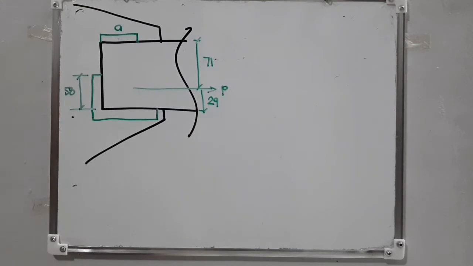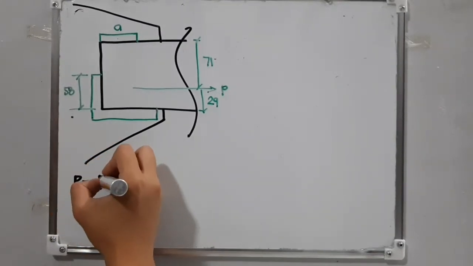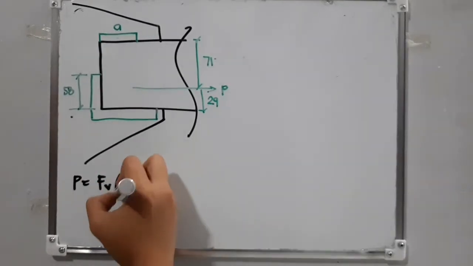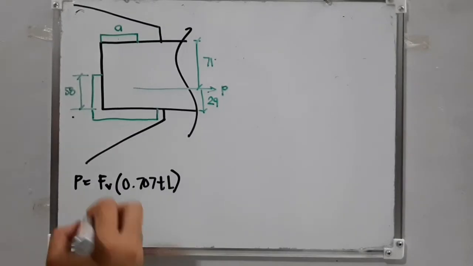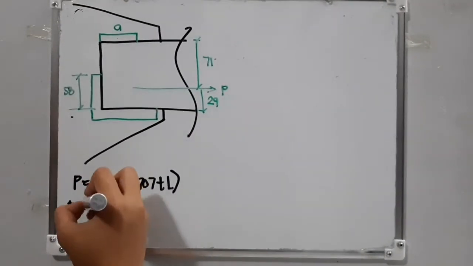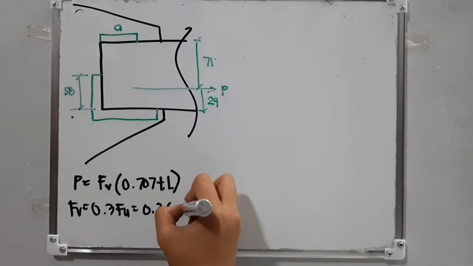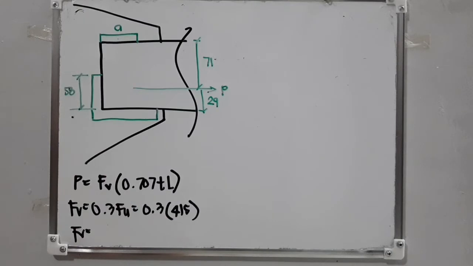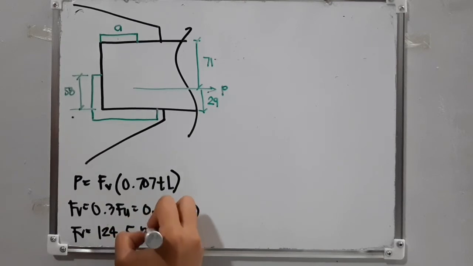To solve for the value of the length, we have a given P of 185. We will do the same as in the previous problem: P is equal to FV, the shear force, which is equal to 0.707 times thickness times L. The shear stress is equal to 0.3 of your FU, which is 0.3 times 415, and that is equal to 124.5 megapascals.